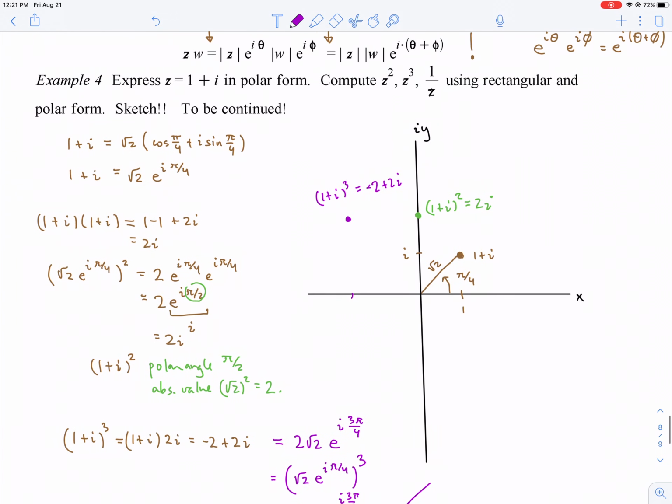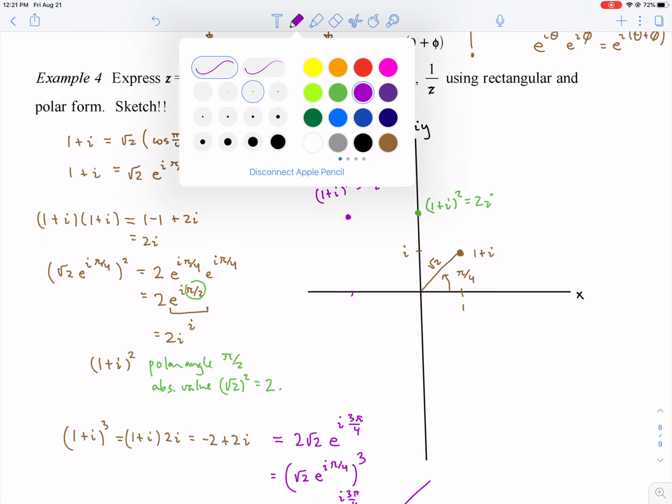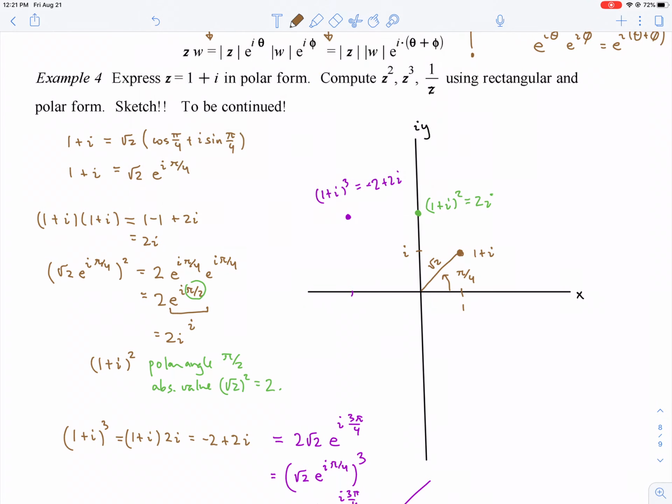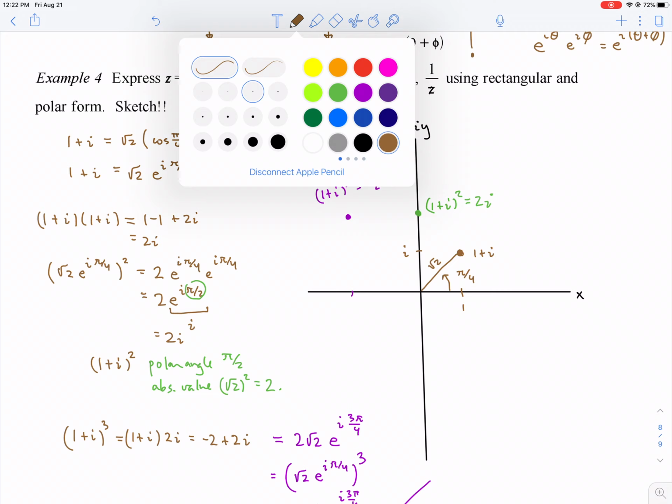Okay, so finally, 1 over z. Let's do it up here.